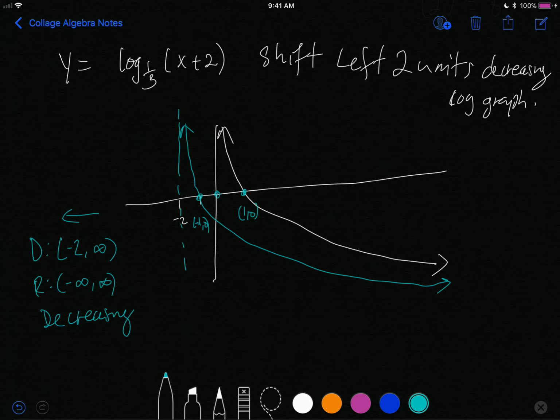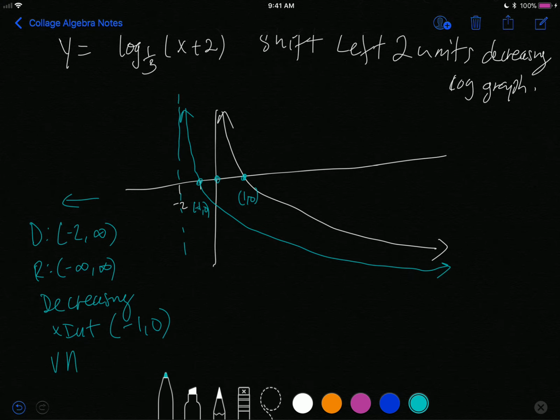The x-intercept, again, by counting, is (negative 1, 0). And then your VA, your vertical asymptote, is at x equals negative 2. So right here we see 3 properties changing when we shift the graph left or right.